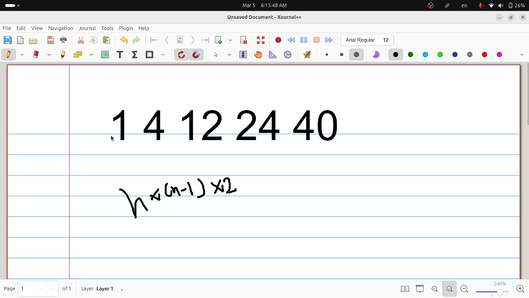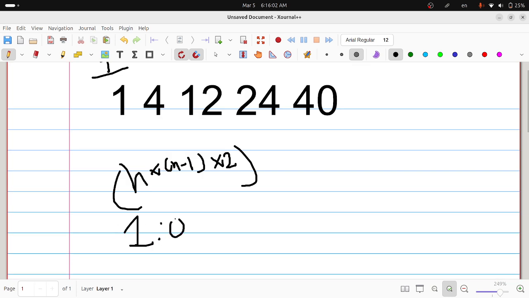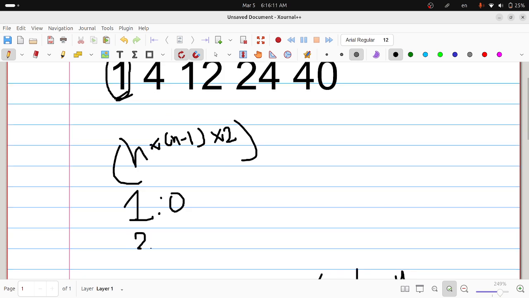For n equals 1 I'm getting 1 into 0 into 2, which is 0. So for 1 I'm getting 0, and I had to add 1 with it. So 0 plus 1 is 1, which is our answer. For n equals 2, I am applying this formula. 2 into 2 minus 1 is 1, into 2, so that's 4.